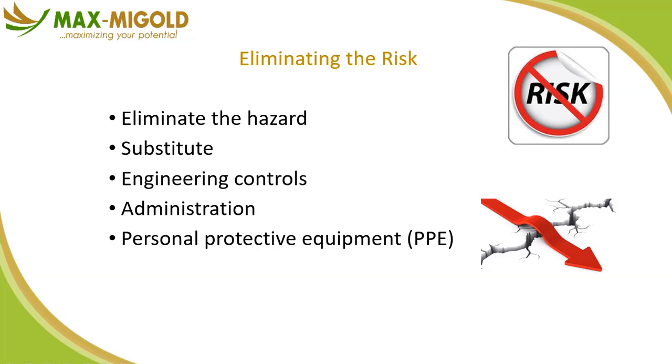Then you can support with administrative control, which has to do with training, policy, recruitment process, supervision, information, instruction, etc. Then issue the right PPE to the persons. And where CPE is required, the collective protective equipment is issued, such as fire extinguishers, safety catch nets, and what have you. Next slide, please.